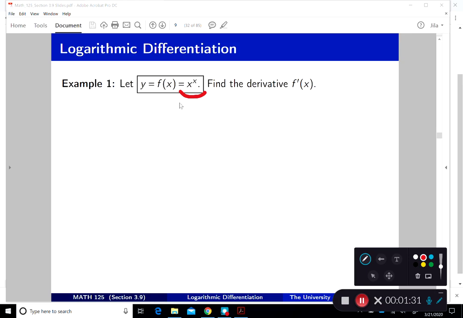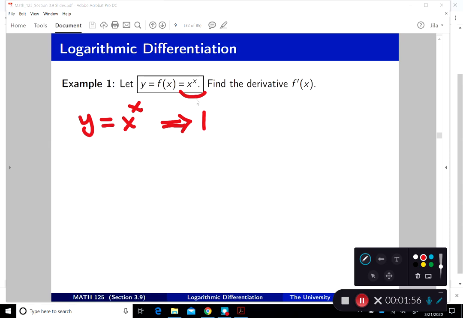So what do we do? Let's start here, y equal to x to the power x. Then I say, well, I don't know how to do variable to variable, but I know a lot of rules with derivatives. So the first thing that I think is, what if I don't have the variable as the exponent?